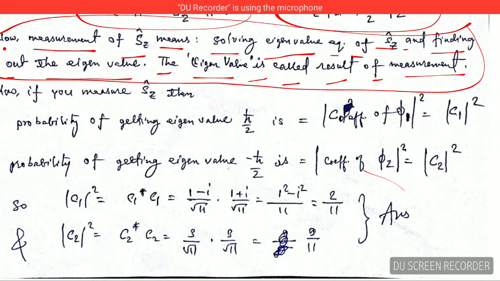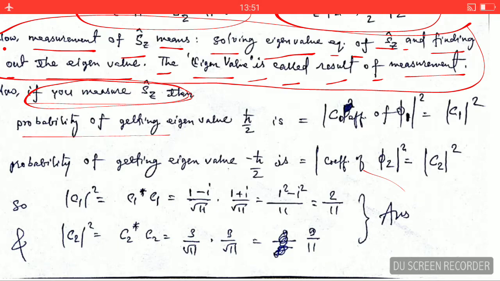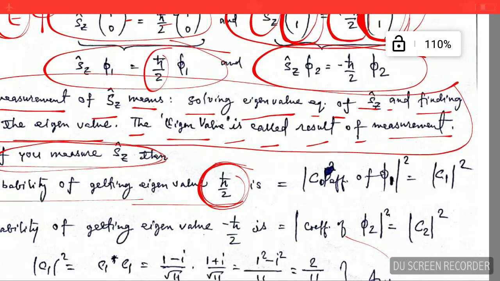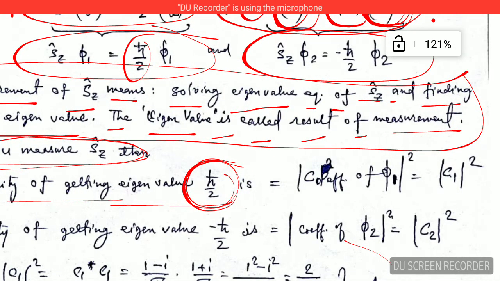Now if you measure Sz, the probability of getting the eigenvalue h naught over 2 is simply equal to the square of the coefficient of phi 1. That coefficient is c1.